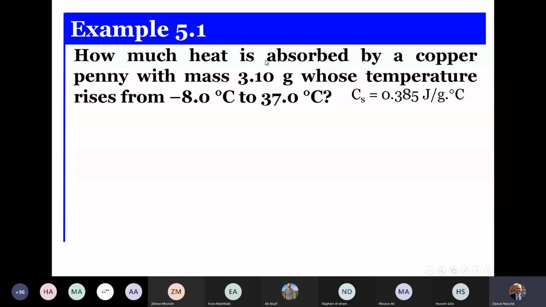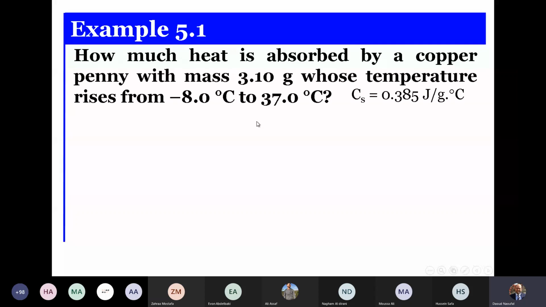How much heat is absorbed by a copper with mass 3.10 grams when the temperature increases from -8 degrees to 37? First of all, this is a physical transformation. This is an important question at the beginning of any exercise: is the transformation physical or chemical?